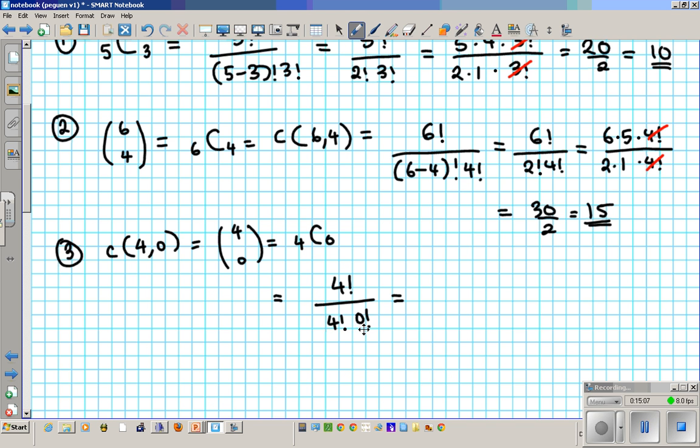Remember, 0 factorial is 1, right? So we're just going to have 4 factorial, leave it whole, over 4 factorial times 1. 4 factorial over 4 factorial. These are identical, so this goes to 1, this goes to 1. Your final answer is 1.